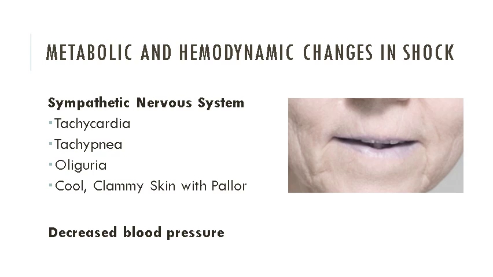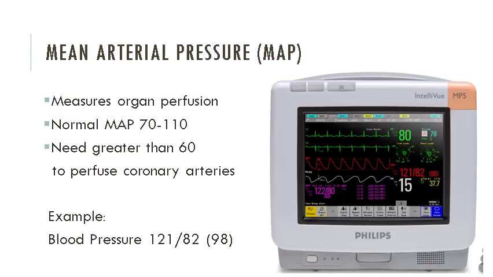In your book, there's a really helpful table, 9.1. Mean arterial pressure, also called MAP, tells us how well organs are being perfused. So when we talk about perfusion, that's a key component of shock. Normal MAP is 70 to 110.